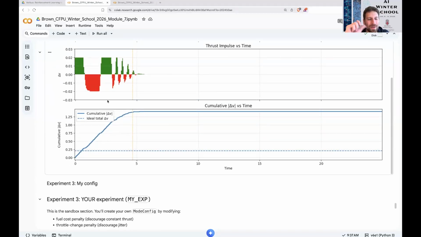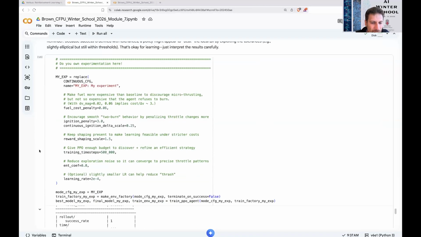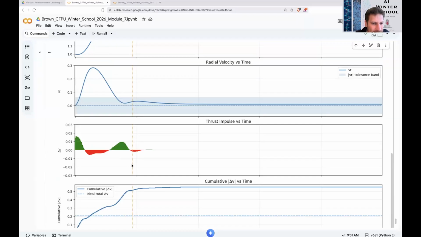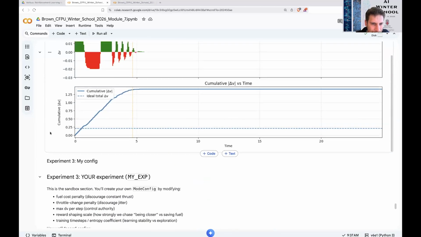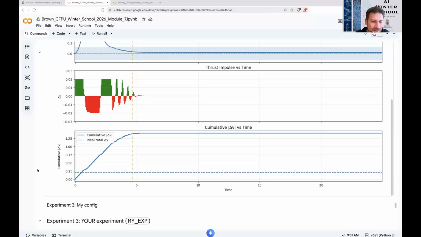So what I wanted to do is have more penalties for burning, and I also think there's more penalty with the ignition. If I recall the way I had set it up, there's more penalty for changing from positive to negative. So you can see there's fewer oscillations.